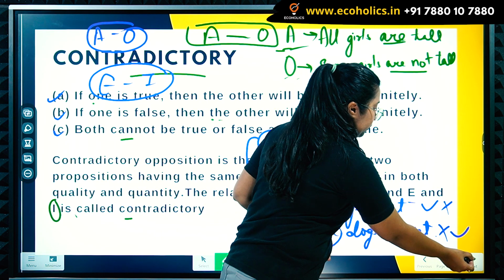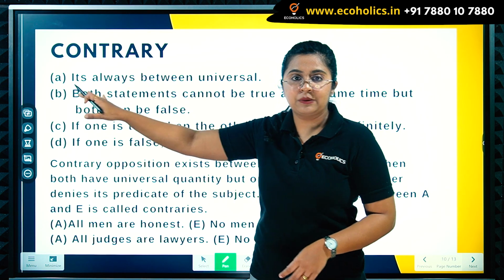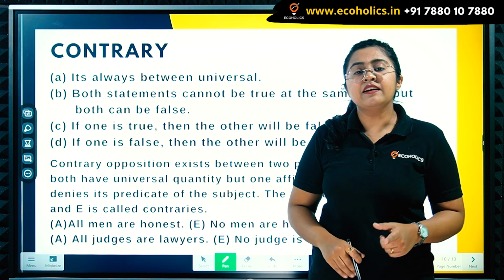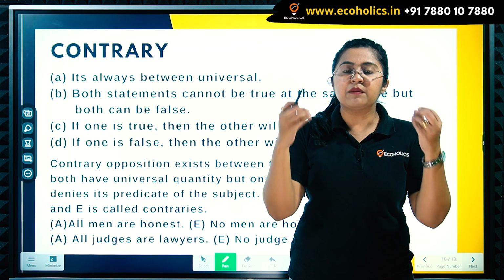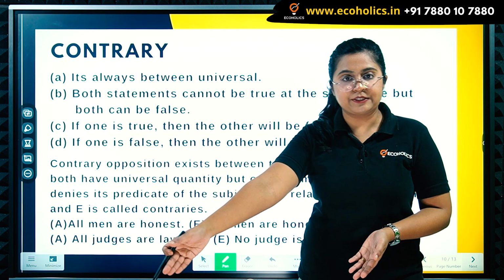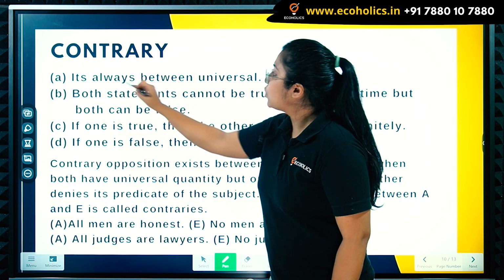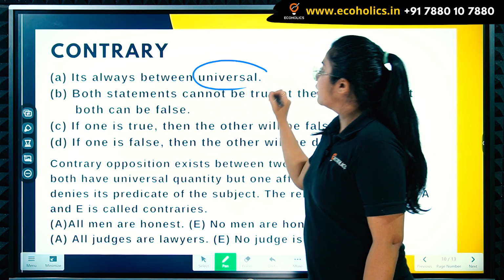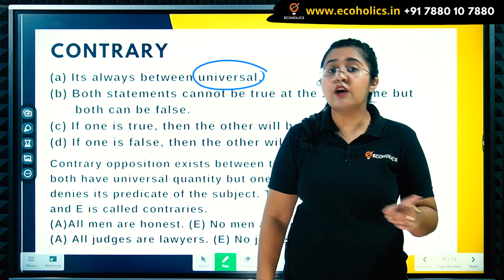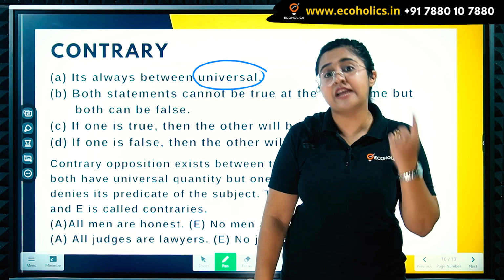Okay. Now, the next is contrary. Contrary is another terminology that most of the students confuse with the contradictory statements. So first, let's understand what is contrary. It's always between universal, which means we are always going to talk about the universally positive and universally negative sentences.